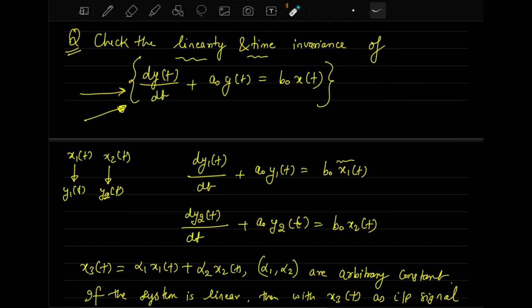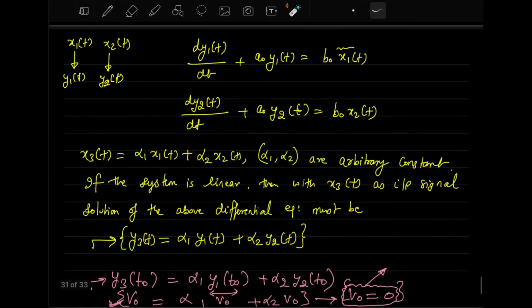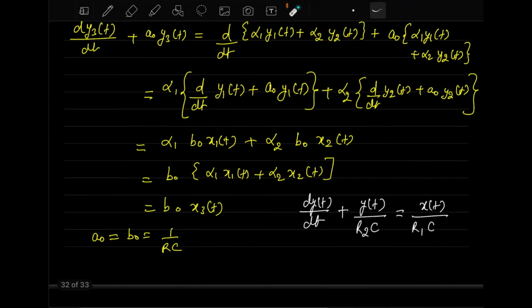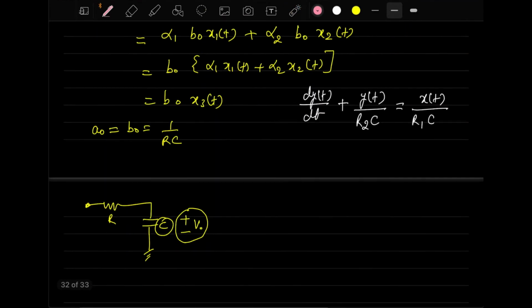That is one of the key takeaways in order to make this differential equation linear. So in order to make the differential equation linear, your initial conditions should be zero. If the initial conditions are not zero, then your differential equation will not be linear. That is one of the key takeaways from this particular discussion.